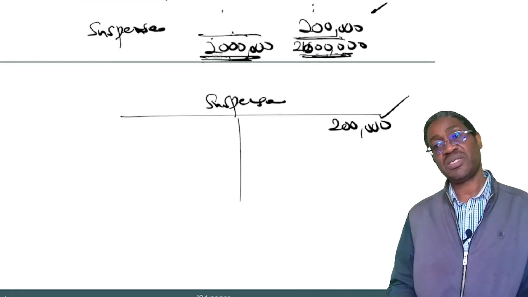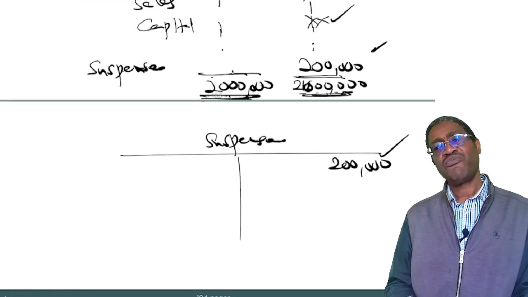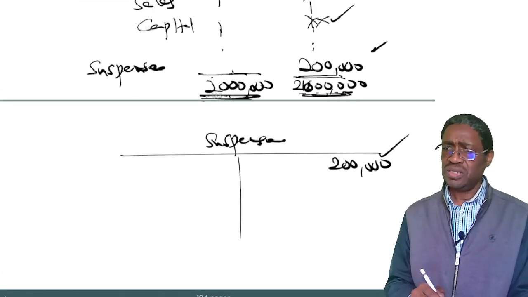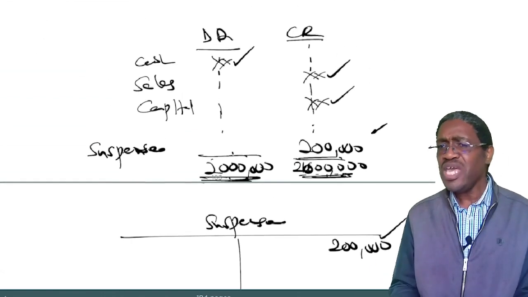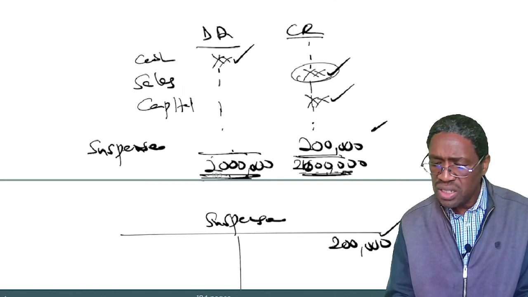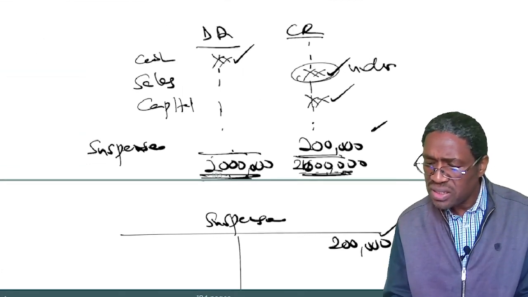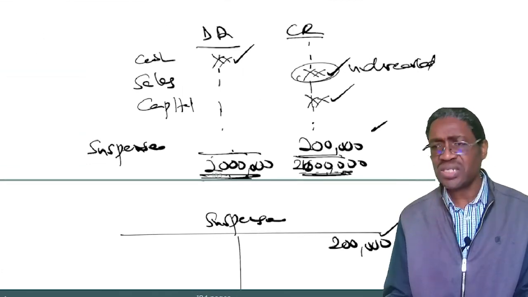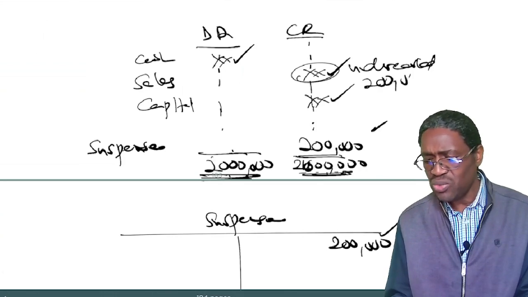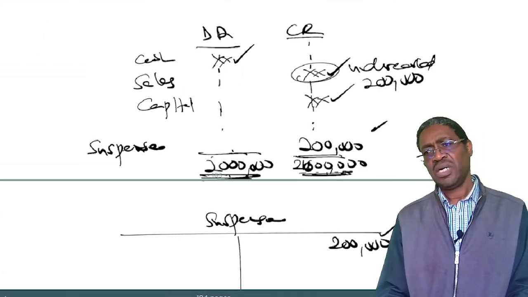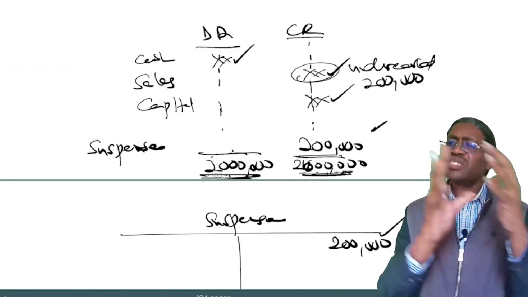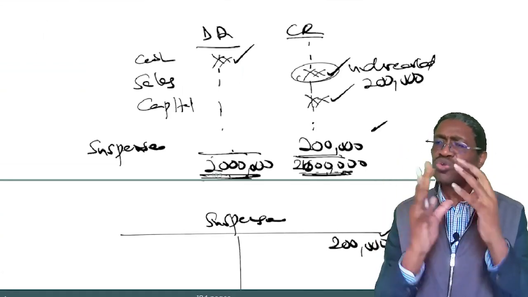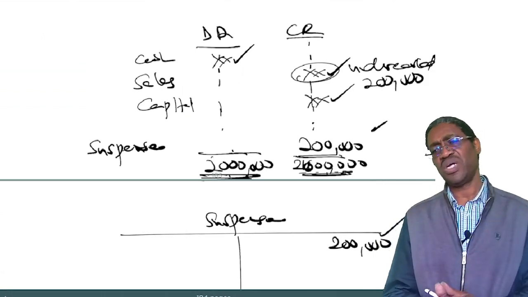Could be, for the trial balance not to balance and for the credit side to be less by 200, maybe your sales were undercasted by 200,000. That's what you discovered later. That the total you took from the sales journal to the sales account, that total was undercasted by 200.